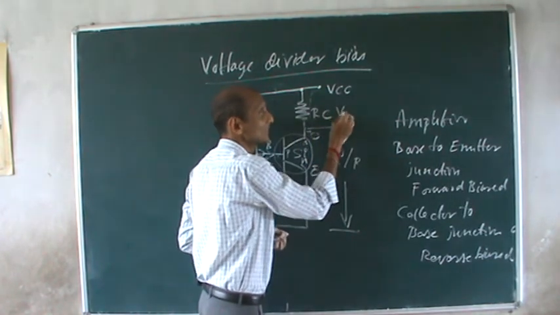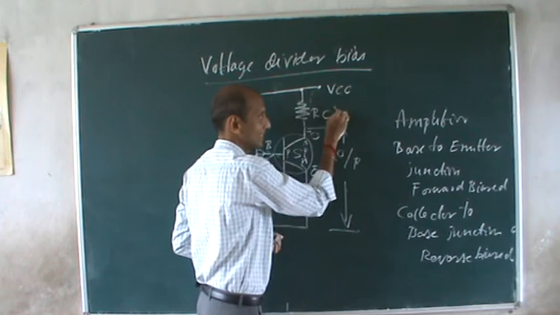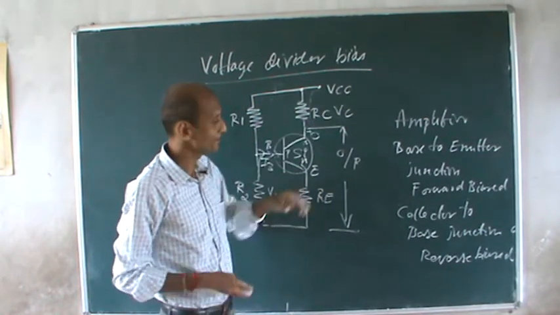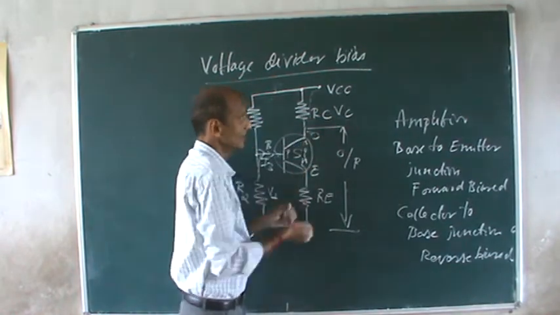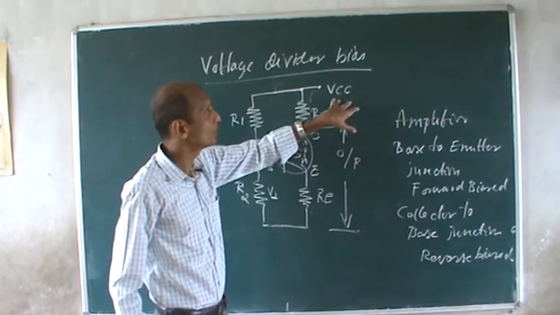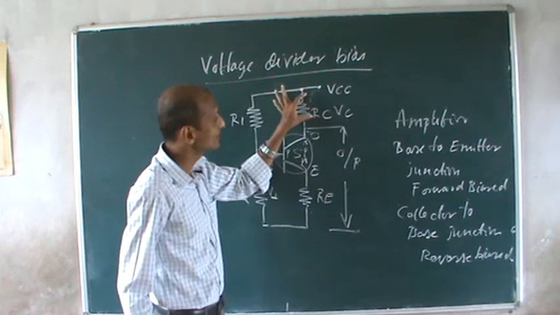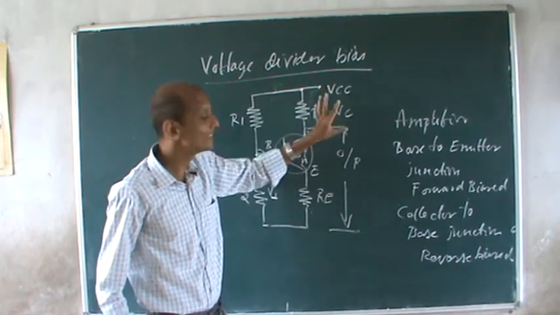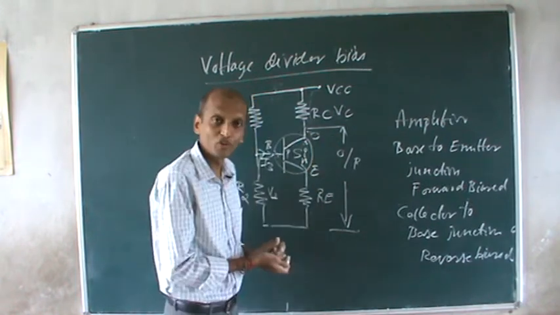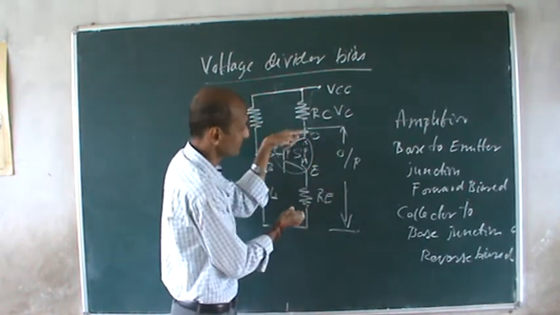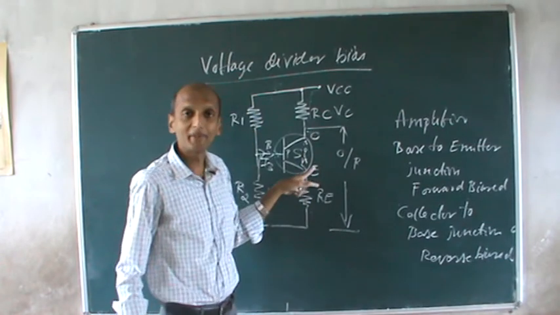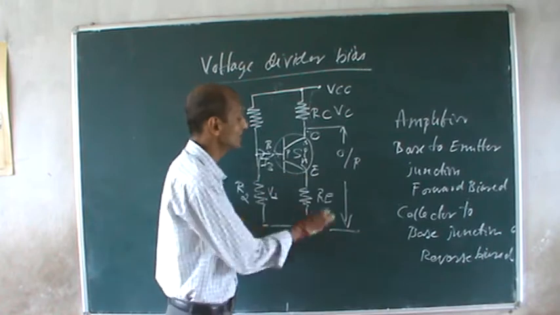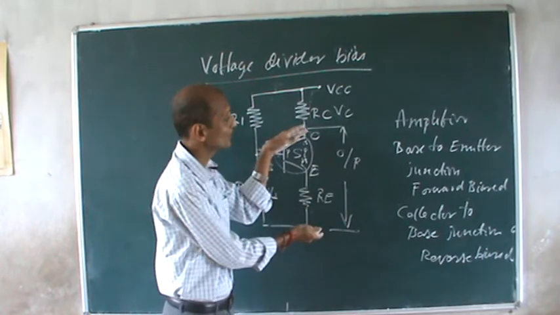This voltage drop across your RC will be VC, and the remaining voltage will be dropped across your collector to emitter junction, isn't it?